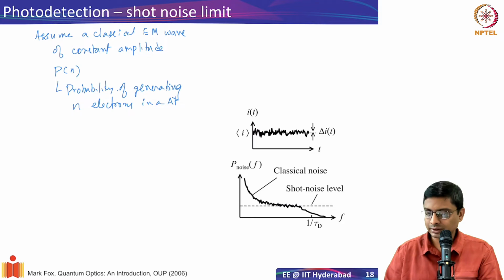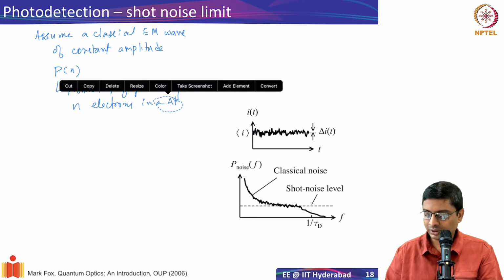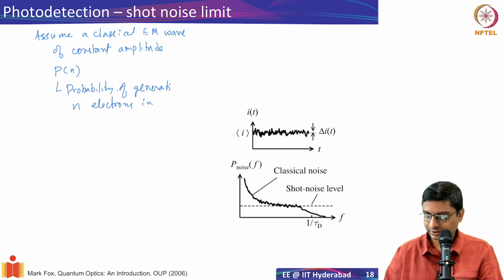Okay. If I calculate that probability, we are not doing all that, but just take it for now, in the time interval the probability is going to be given by n bar to the power of n, exponential of minus n bar, divided by n factorial.